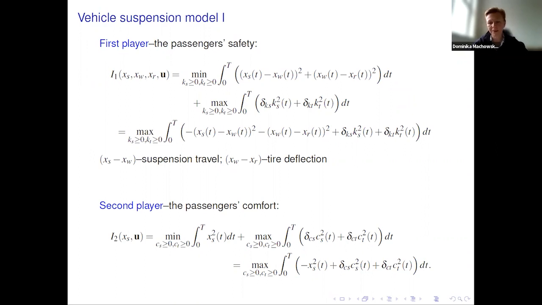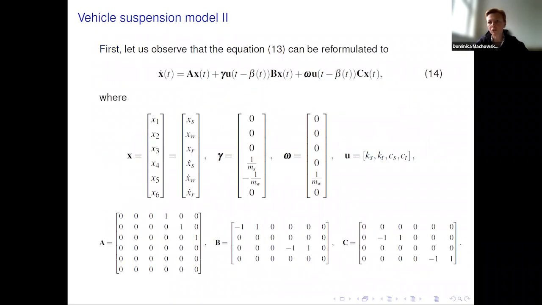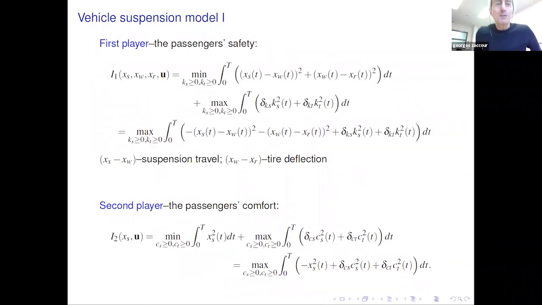equilibrium for this game. But first of all, we have to describe the system by the... Yes. May I interrupt you one more time? Sorry for that. I'm not getting the intuition why this problem is formulated as a game and not an optimal control or even a control problem.